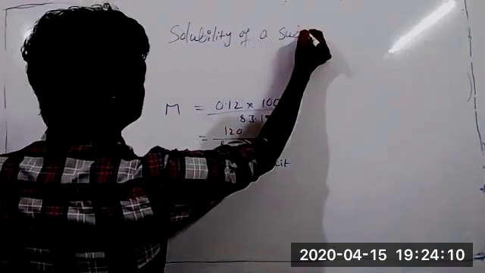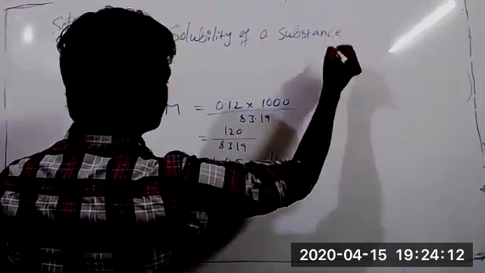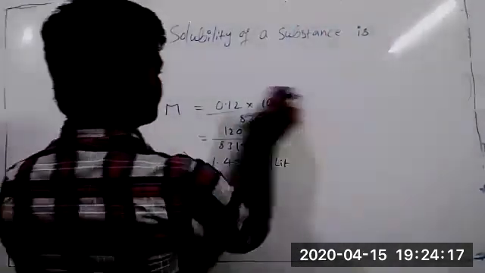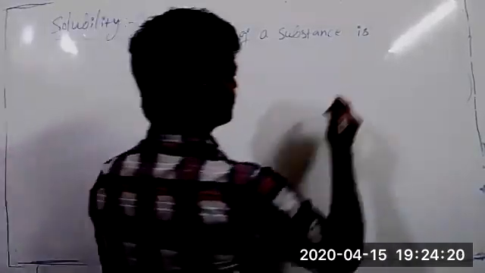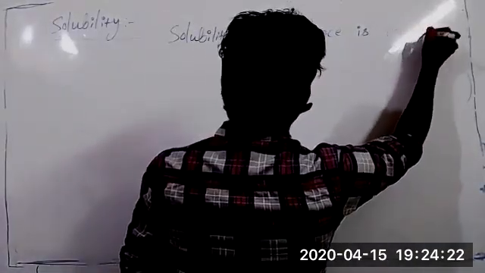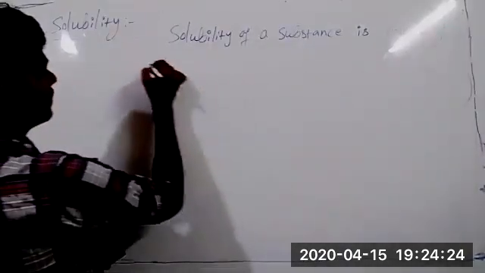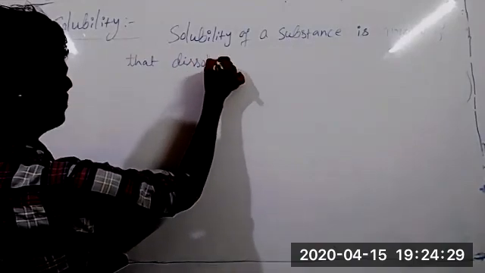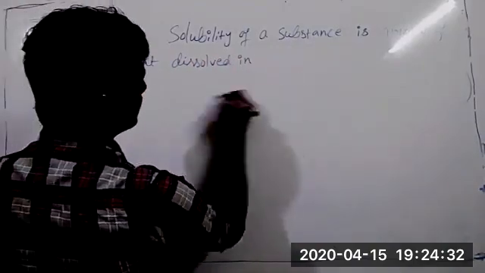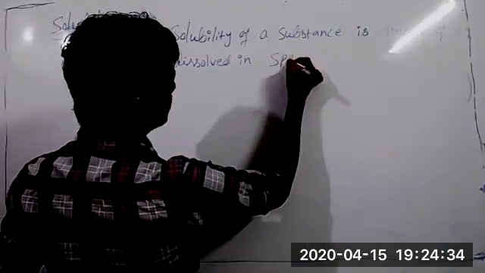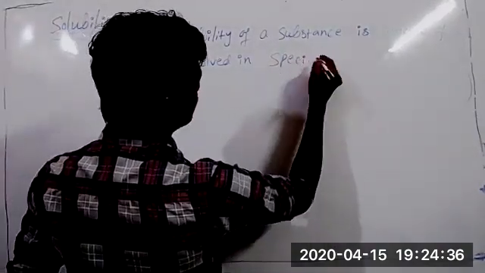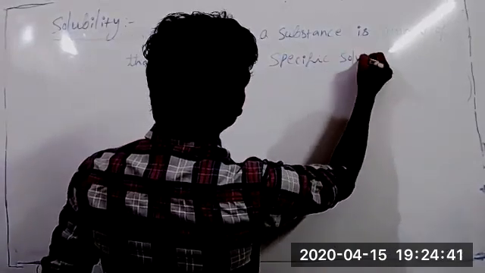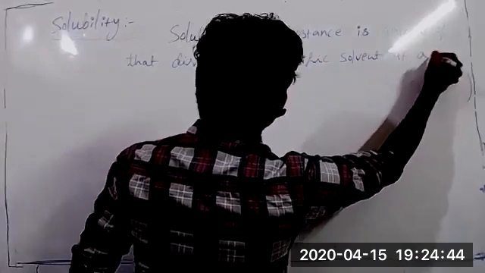Solubility of a substance is the amount of that dissolved in a specific solvent at a specific temperature.